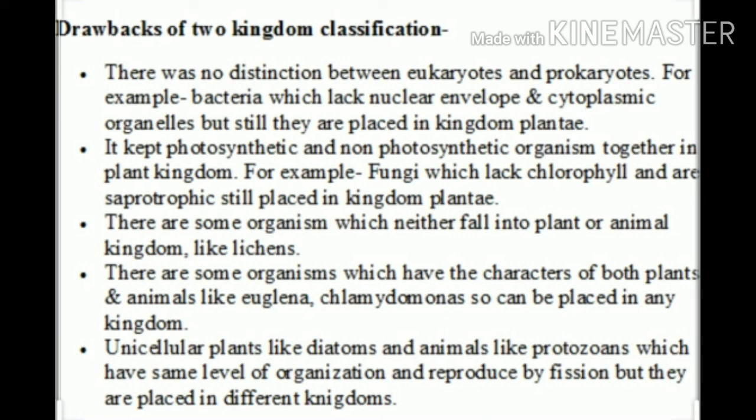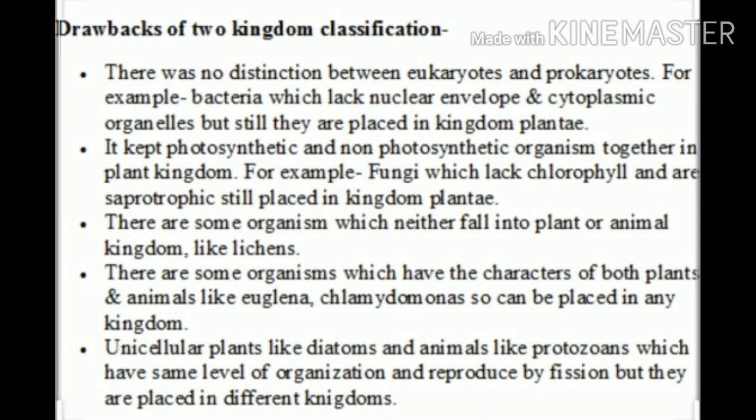For example, bacteria is a prokaryote, and human beings are eukaryotes. They were all placed together because there were only two kingdoms, Plantae and Animalia. So there was no difference between prokaryotes and eukaryotes. The next one, it kept photosynthetic and non-photosynthetic organisms together in the plant kingdom.